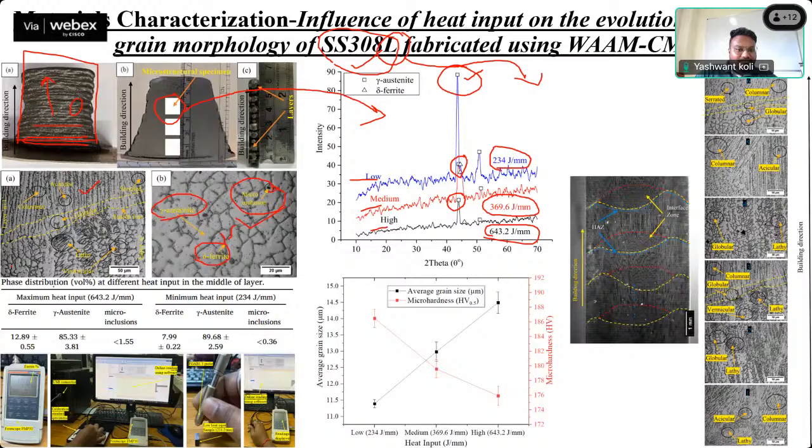We have calculated this percentage using this ferritoscope. This measures the exact percentage of delta ferrite in any of the austenitic samples or ferritic samples. The ferritoscope is based on the magnetic induction process.